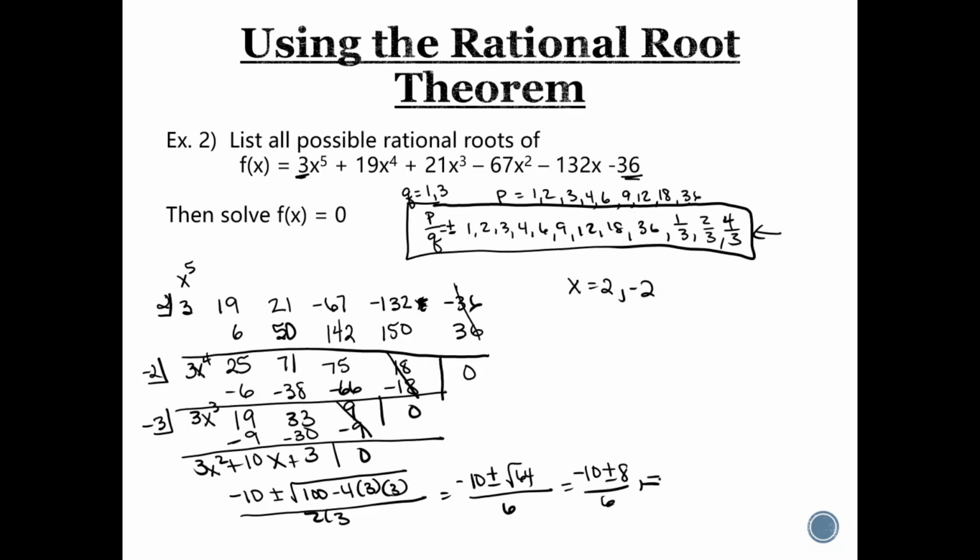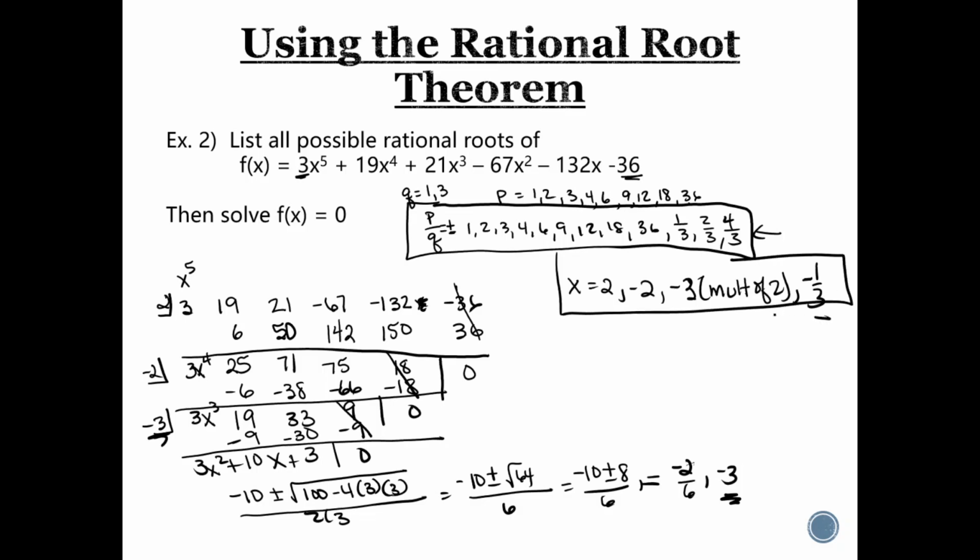And so I get -2/6 and -3. So I can add -3 to the list here, and it occurred twice. And then a -1/3. So this is all of the roots that work.